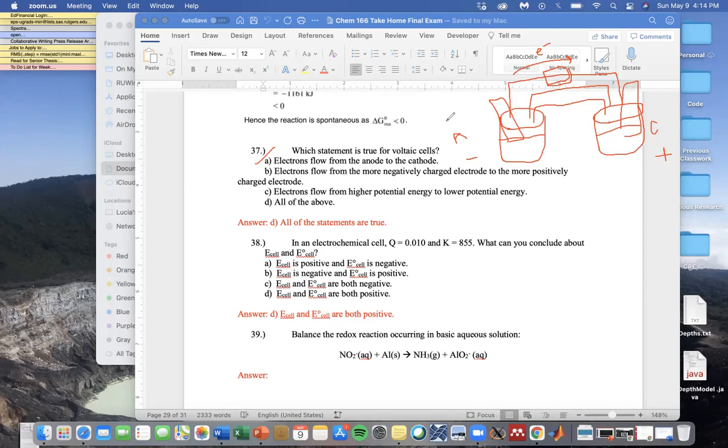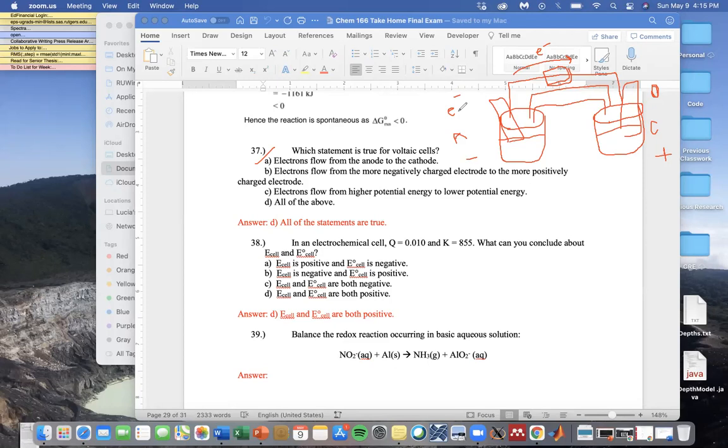But the way you're supposed to think about it is that this side is the electron producer, so it's getting increasingly negative because it's producing electrons. And this side is taking those electrons and making them zero, combining them with a proton to make them zero. So that's why this is going from a negatively charged side to a positively charged electrode.